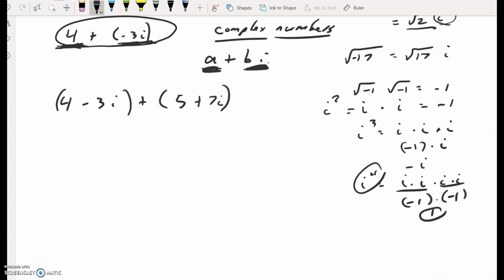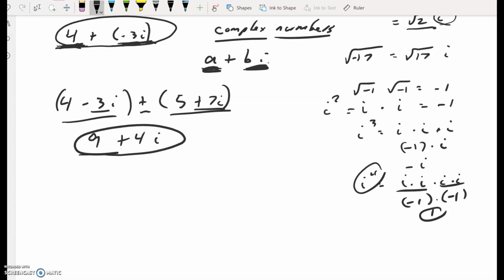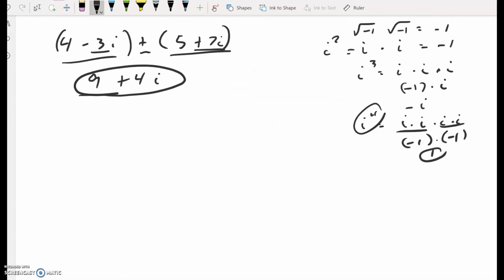When you're adding or subtracting these complex numbers that look like binomials, it's exactly as if the i's were x's. You just add like terms. So you'd do 4 plus 5 being 9, and -3 plus 7 being +4 of the i's, and you would be done. Adding these is no big deal.